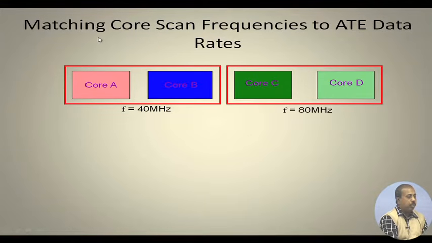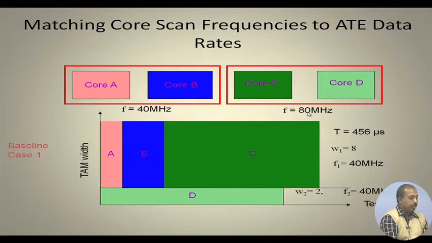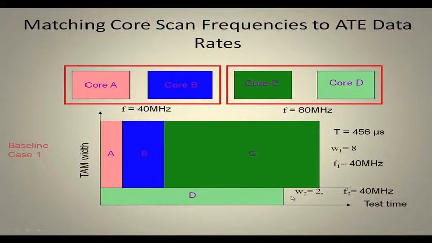Now, how do we match these core scan frequencies to the ATE data rate? We may decide that core A and core B will be operating at 40 megahertz, and core C and core D will be operating at 80 megahertz. What we do, we put core D on this 40 megahertz line.